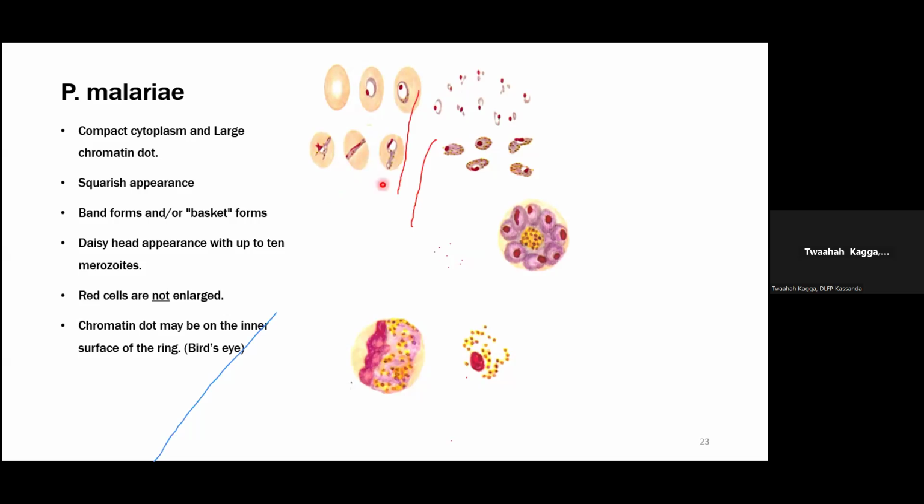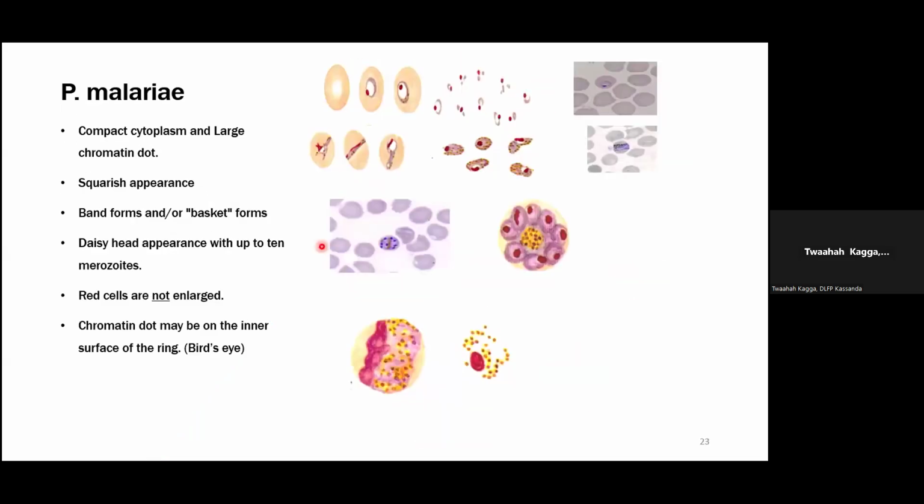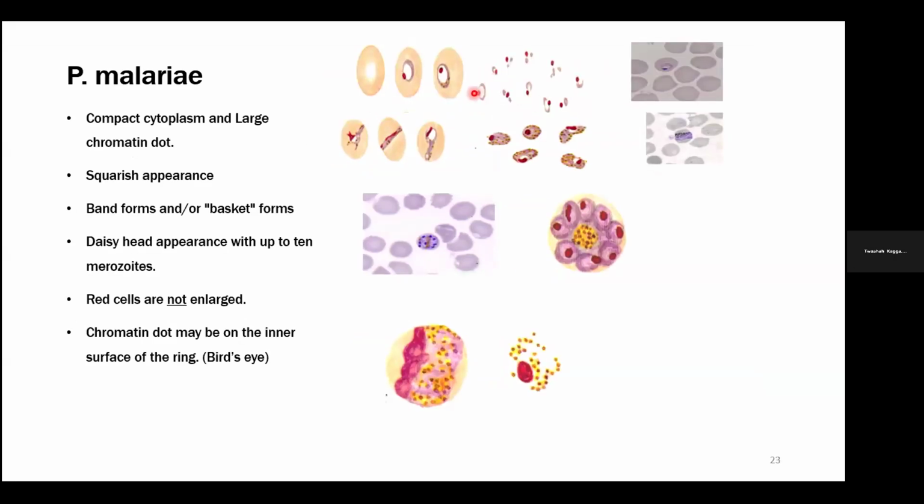Then there is also the basket form, where the cytoplasm is surrounding the chromatin dot, so that the parasite looks like a shopping basket, like this one here. They also refer to it as bird's eye. It looks like the eye of a bird, also like a shopping basket with a handle.